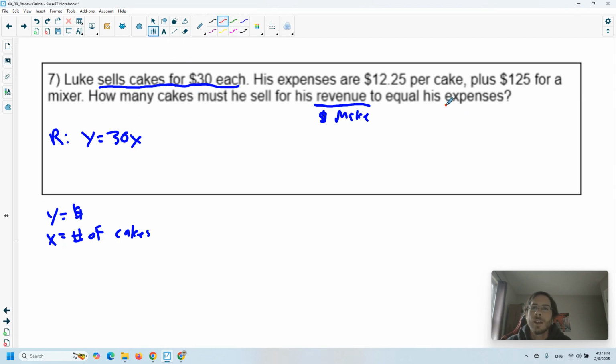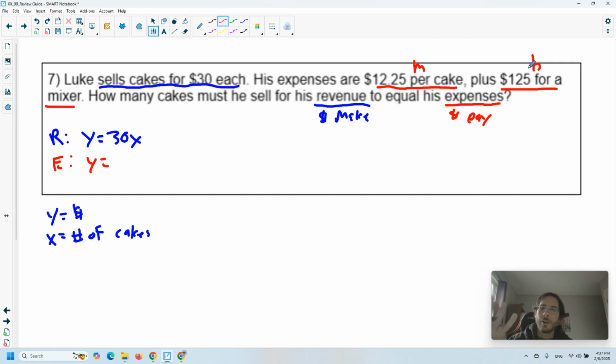All right, so expenses is how much money that you have to pay. That's still an amount of money, so that's okay. I can still use the same y. So y is equal to, and here I've got $12.25 per cake, so that's going to be a slope because a per usually means a slope. That's a rate. And then $1.25 for the mixer, which you have to pay once. That's like a y-intercept.